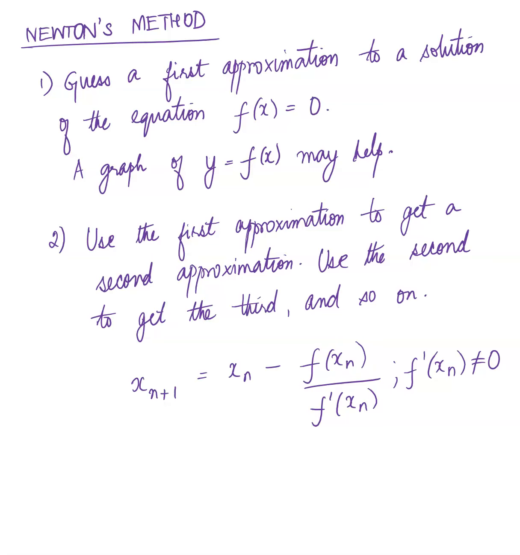Step 2 says use this first approximation to get the second approximation, use the second to get the third, and so on. And to help us do that, we have this formula. Technically, this formula again comes from your equation of a tangent line. So we're going to use that information to help us generate these points.